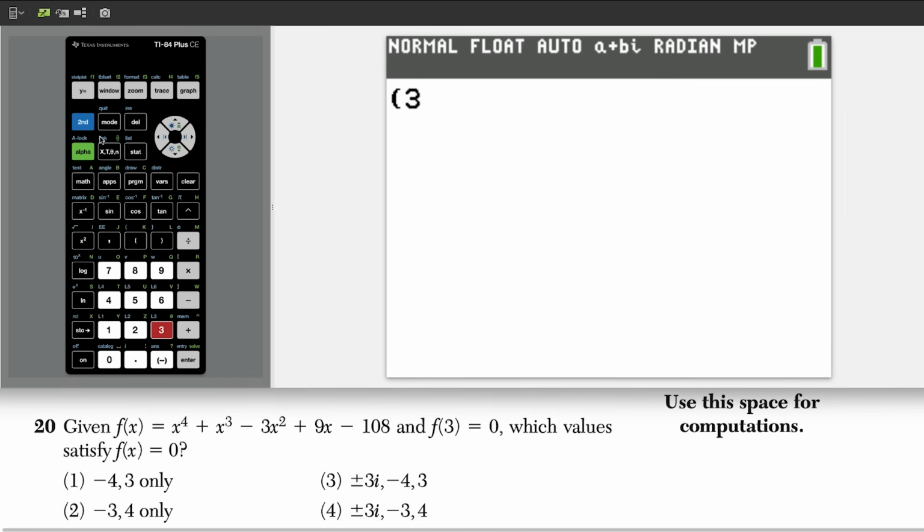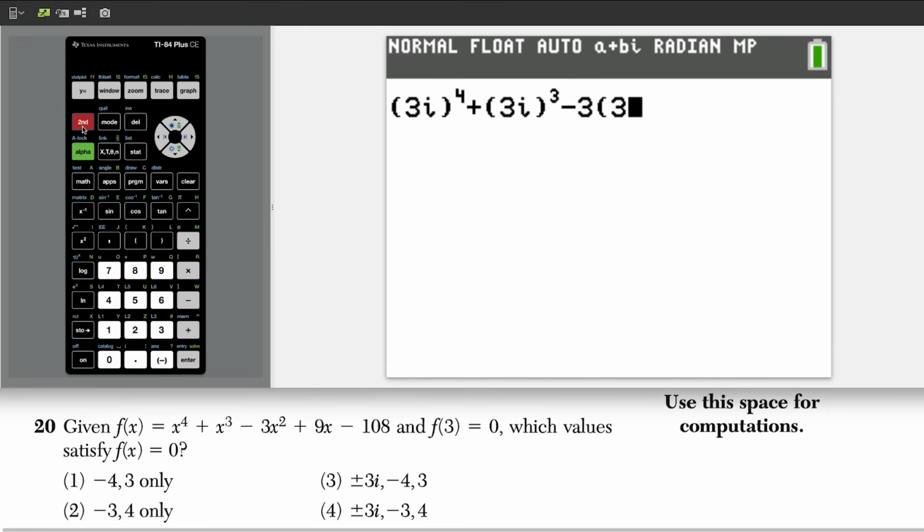And let's see, we have 3i to the fourth power. So I have 3i in parentheses to the fourth, and then after this, plus 3i to the third power. So I'm just going to plug this in here to the third. And then we have minus 3 times, in parentheses, 3i squared.